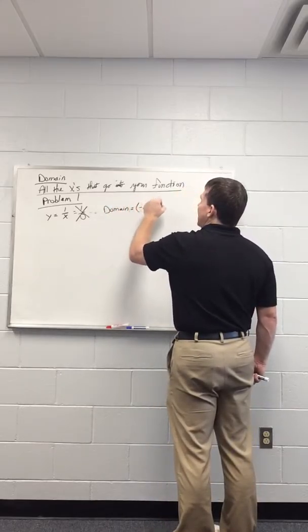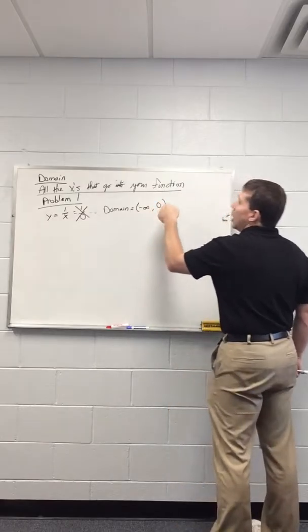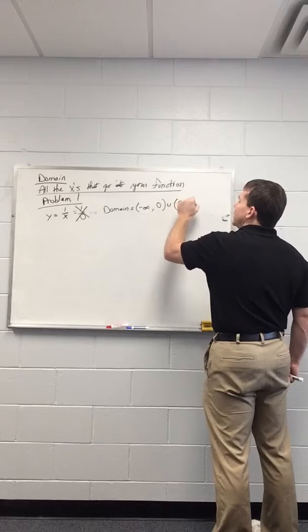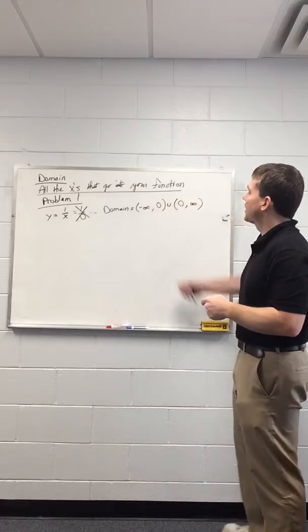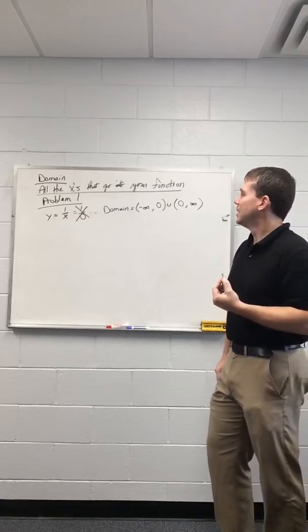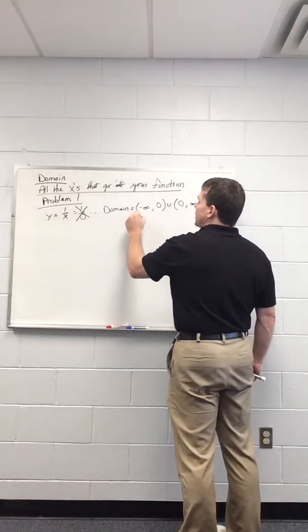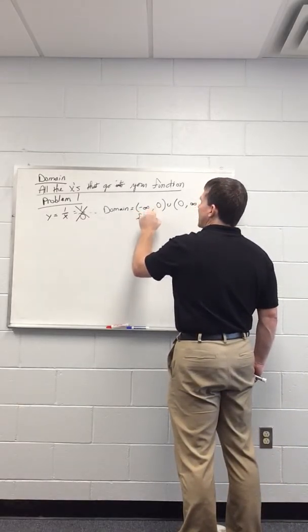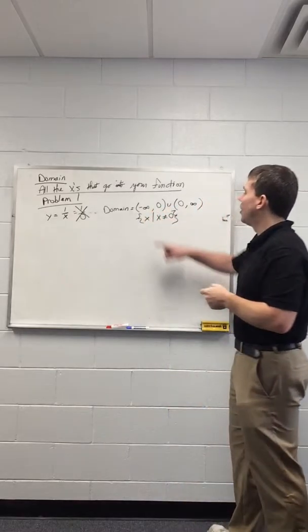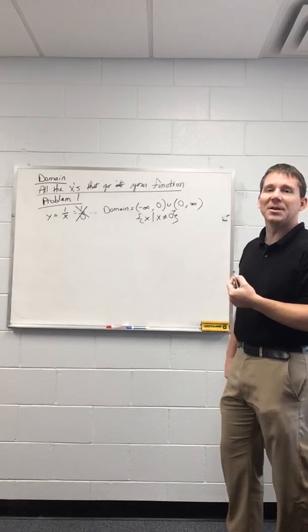Now I have to say negative infinity to 0, open, because I'm not including 0, union 0 to infinity, because I want all the numbers except for 0. If you wanted to do it in set builder notation, you could do the set of all x's such that x is unequal to 0, because you want all the x's except for the one where it's 0.